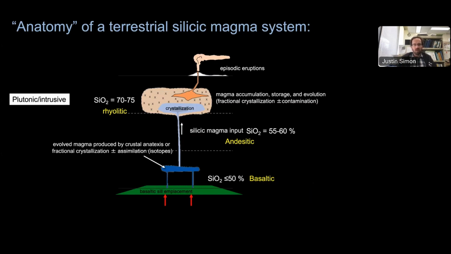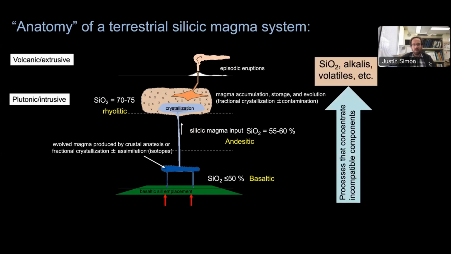The other thing I just wanted to mention is that we have a number of different terms for felsic, silicic, what have you. I think of things in geochemical terms, and so silicic is the term I use, or rhyolitic. But there are plutonic or intrusive varieties, granites, and then there are volcanic or extrusive varieties.